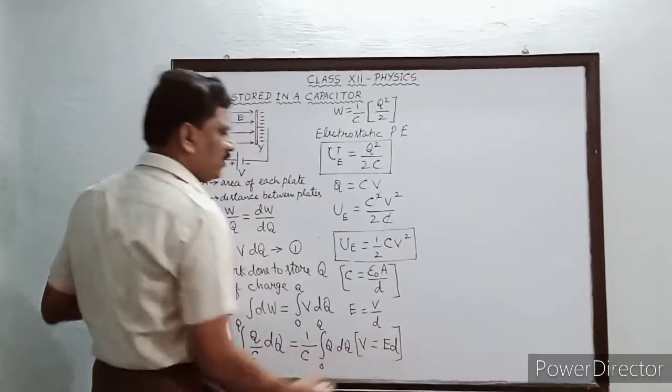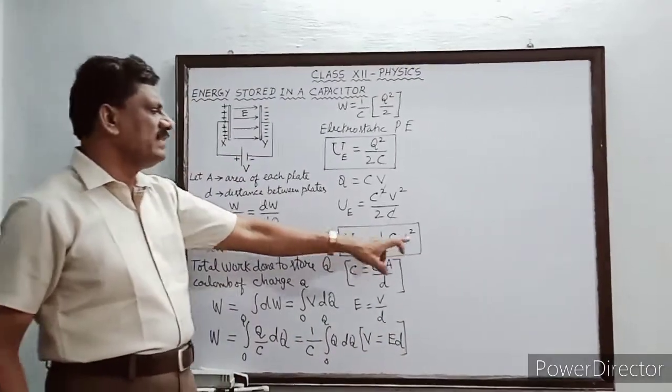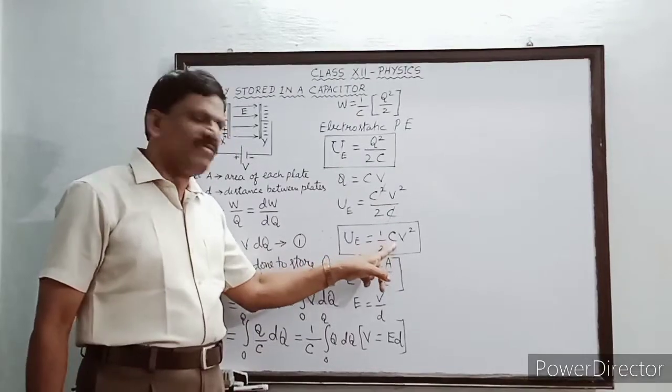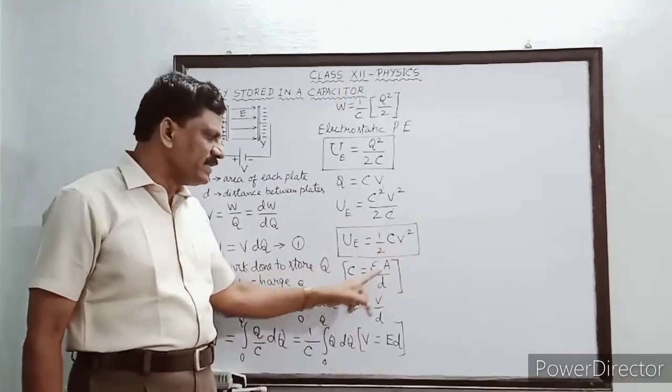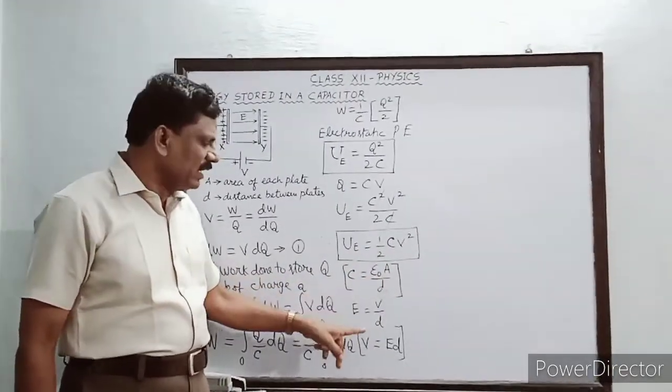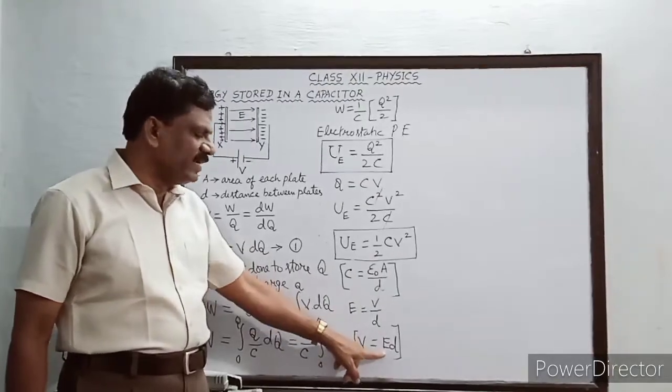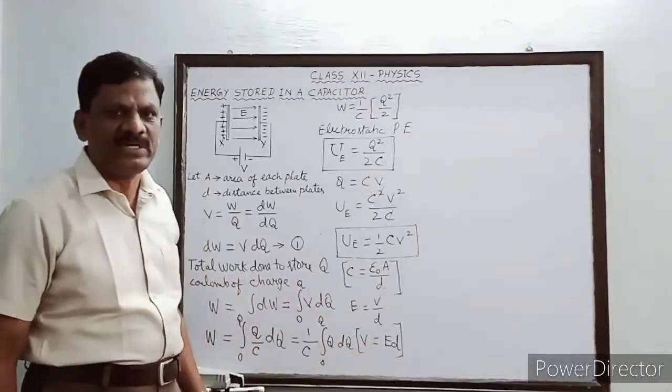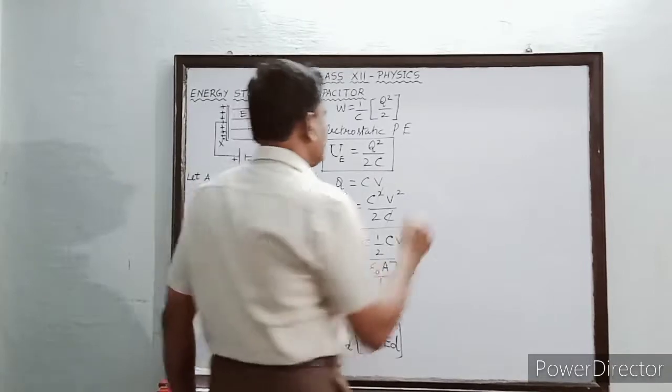In place of this half CV square, I am going to substitute C equal to epsilon naught A by D, and instead of potential difference V, electric field into distance. Shall I substitute? Let us see.